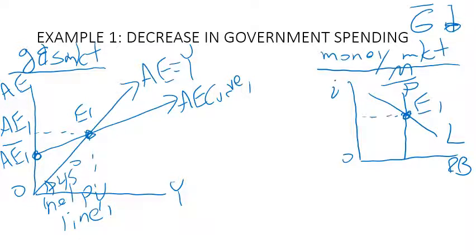Equilibrium, which gives us this equilibrium interest rate and this level of real balances. All right.